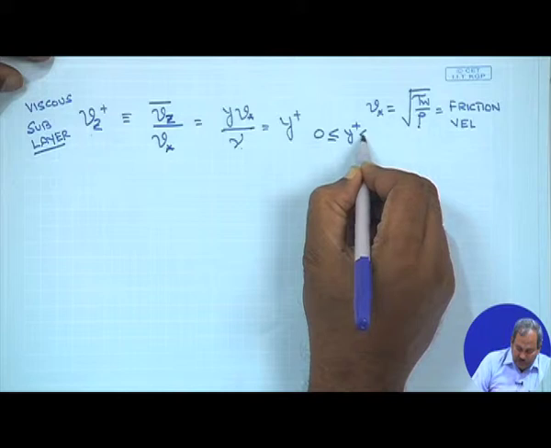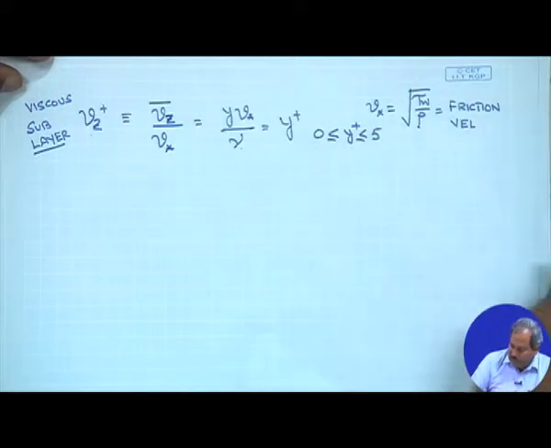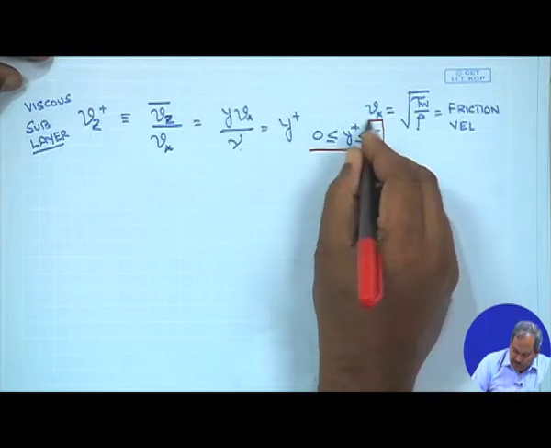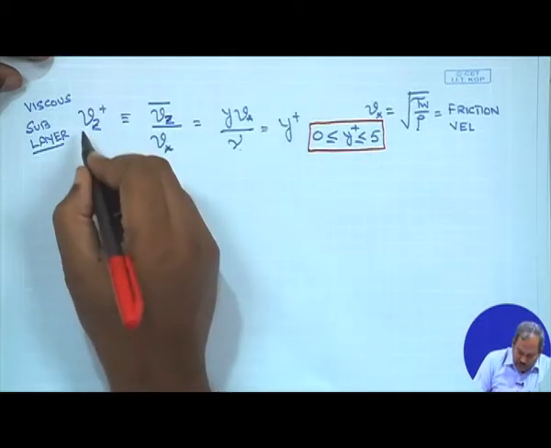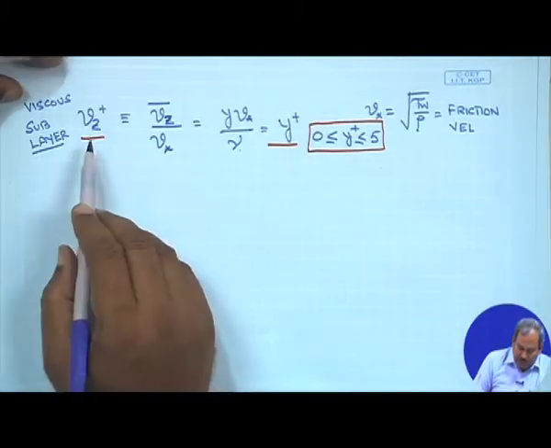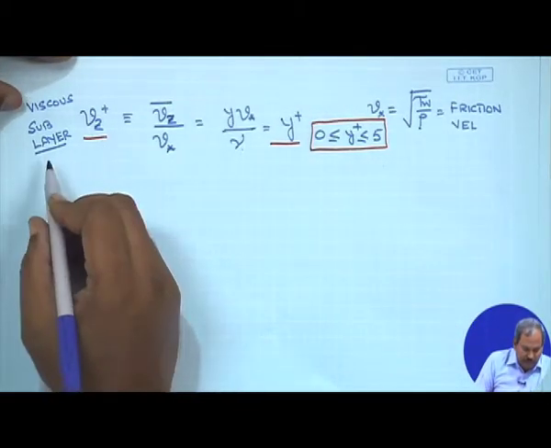over the extent of the viscous sublayer denoted by this. So, this is the expression for velocity in the viscous sublayer.